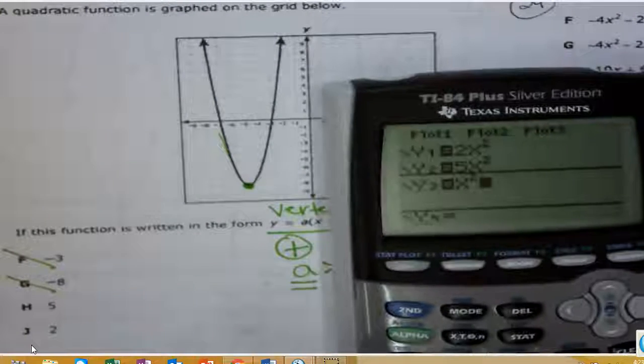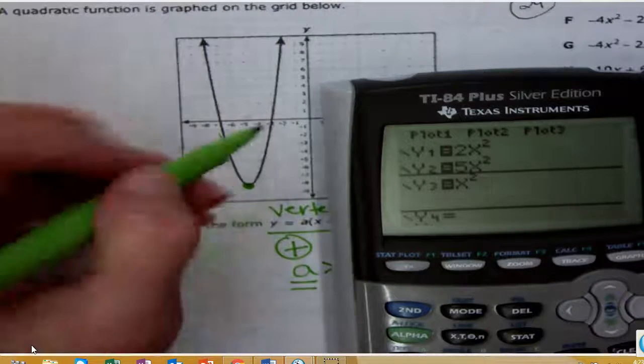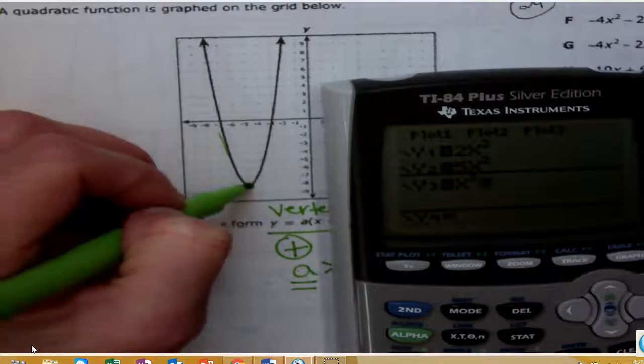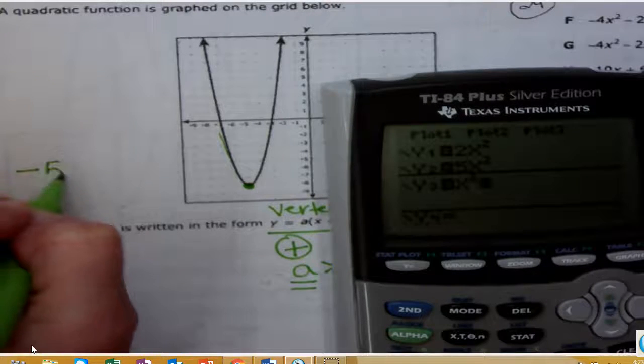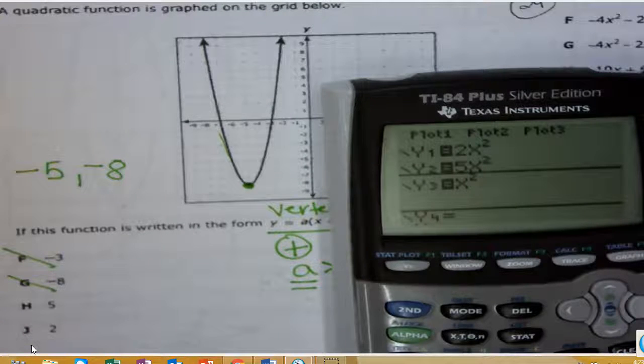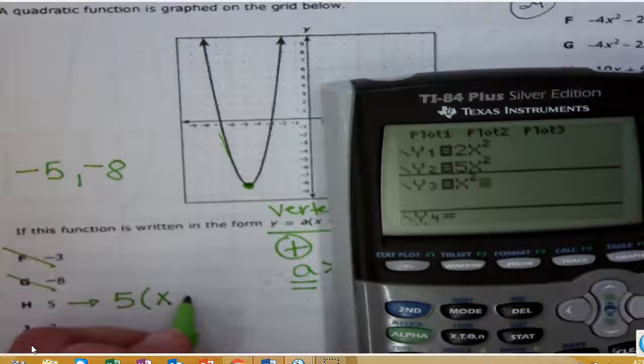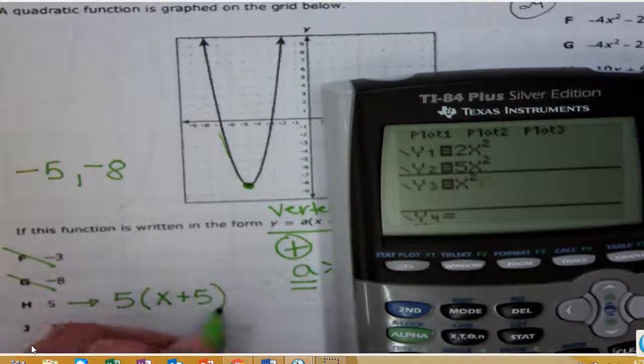And if you think about it, I know that my vertex is at -5, -8. So I could rewrite this equation and say, if it were 5, my equation would be 5 times x plus 5, right?